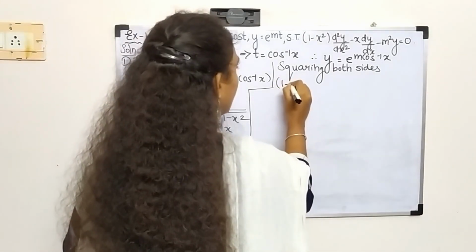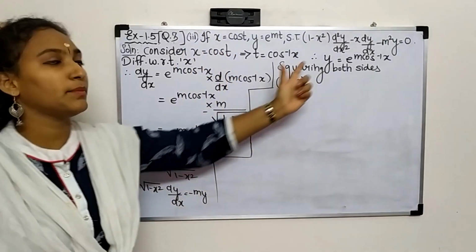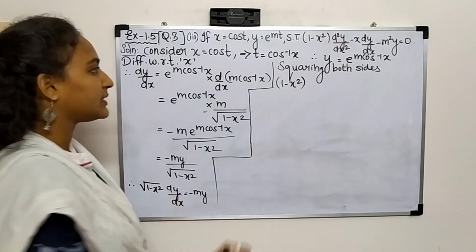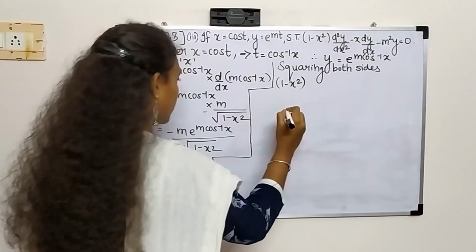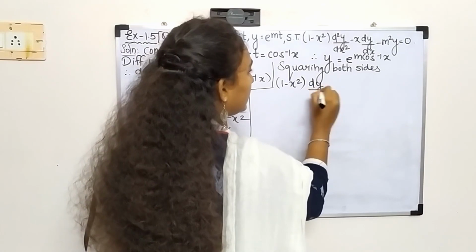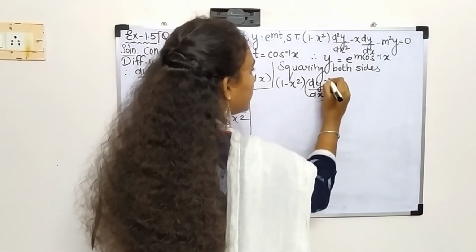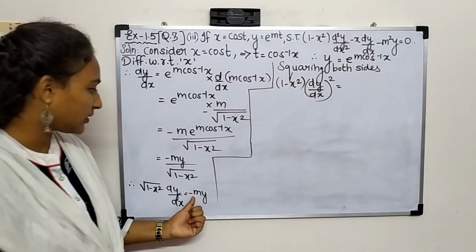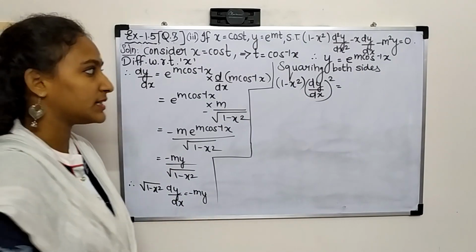So this will become 1 minus x square, we have 1 minus x square in our answer, 1 minus x square dy by dx the whole square is equal to m square y square.